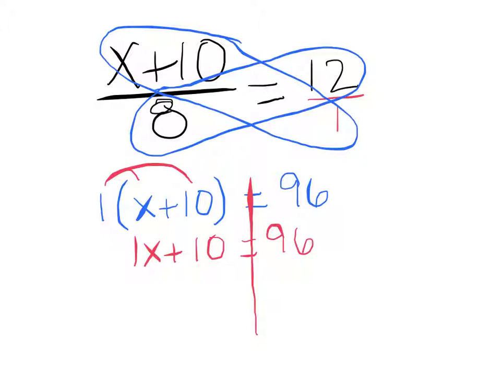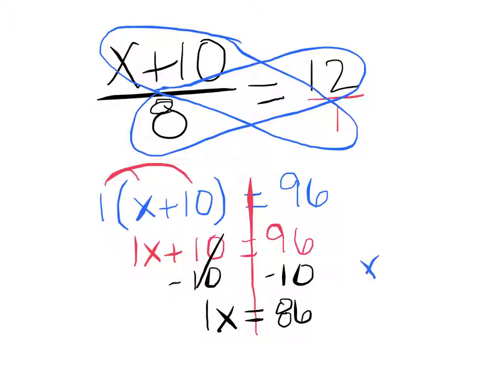We need to undo plus 10, so we subtract 10 from both sides. We end up with 1x, or just x if you want, equals 86. The last step is to divide by 1, but what's 86 divided by 1? Still just 86. So for our final answer, we have x equals 86.